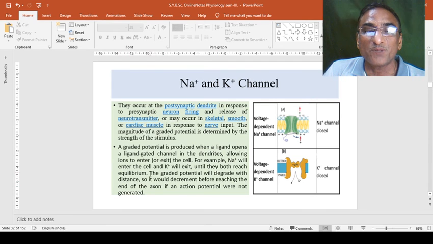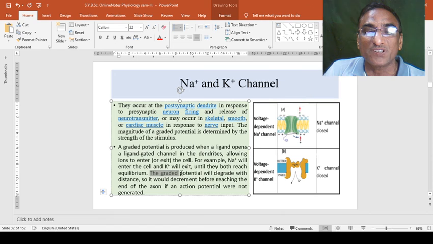See here one important thing about the graded potential: it will degrade with distance, so it will decrement. Decrement means it slows down and becomes less before reaching the end of the axon if an action potential is not generated.